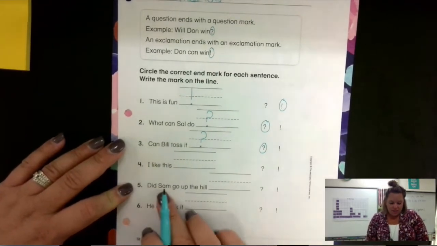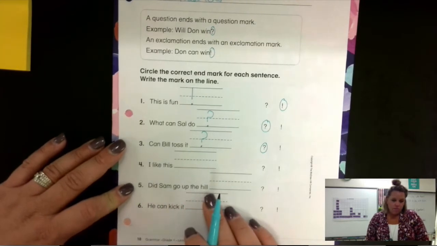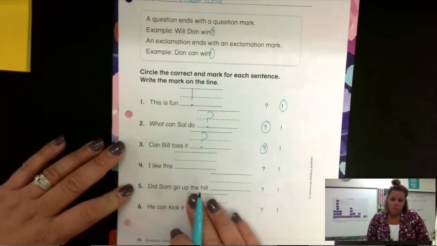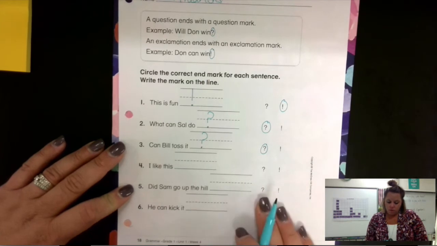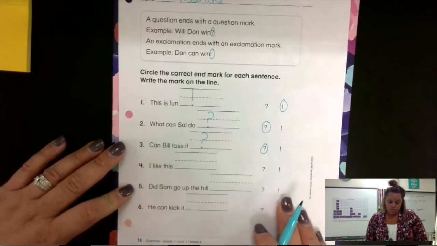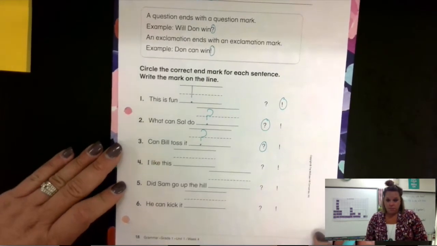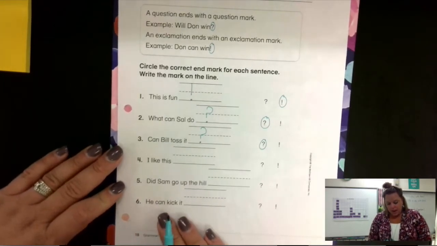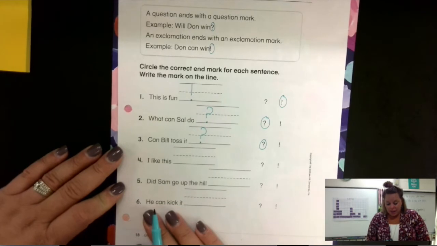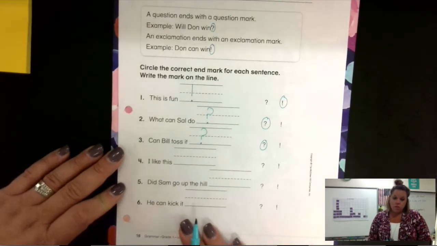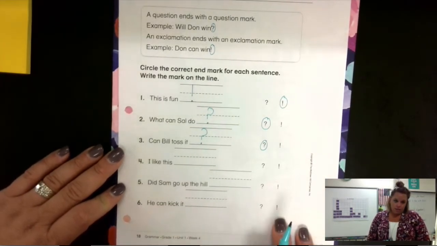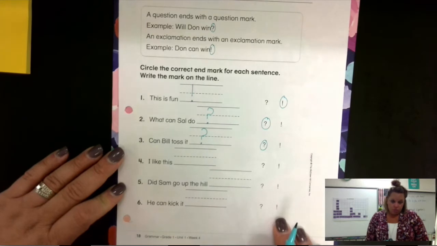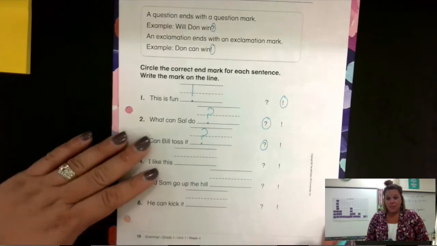Number 5, did Sam go up the hill? Circle the correct mark, put it on the line. Number 6, he can kick it. Is that a question or an exclamation? Circle the correct one and put it on the line.